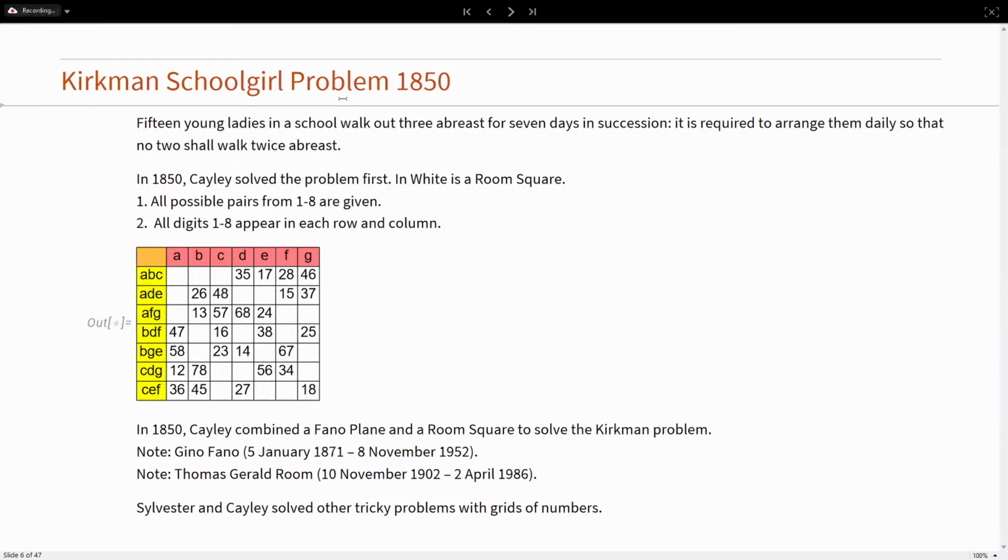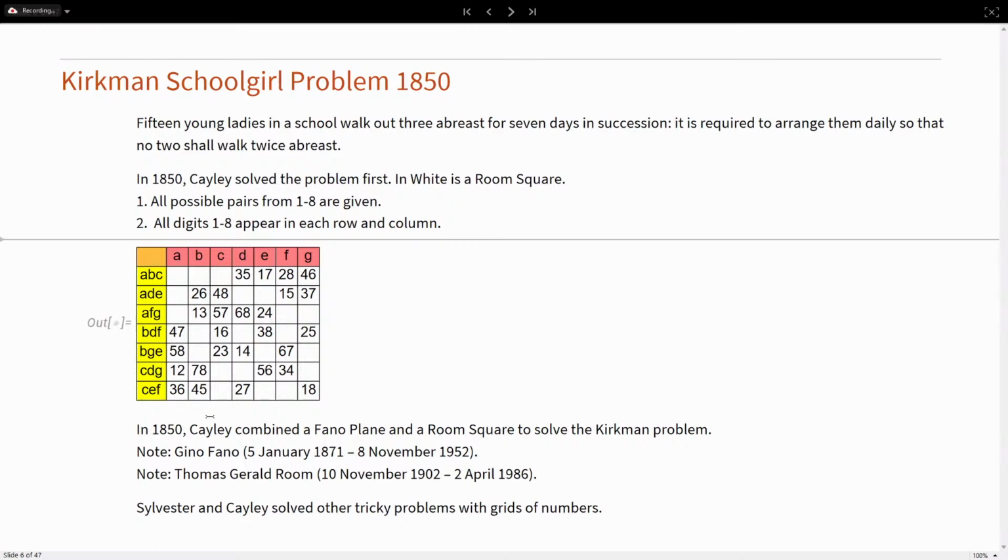But where do the matrices come from? So this is something I mentioned in the last episode with the Kirkman schoolgirl problem, which came out in 1850. And Cayley solved this problem building this matrix-like object.